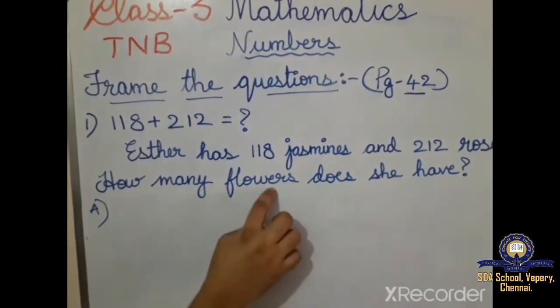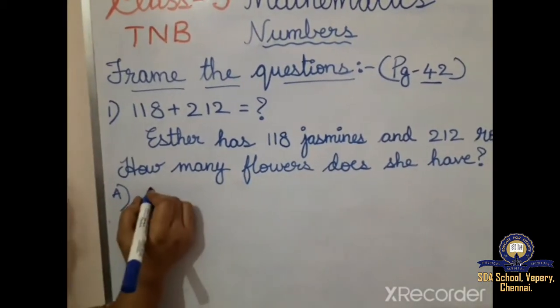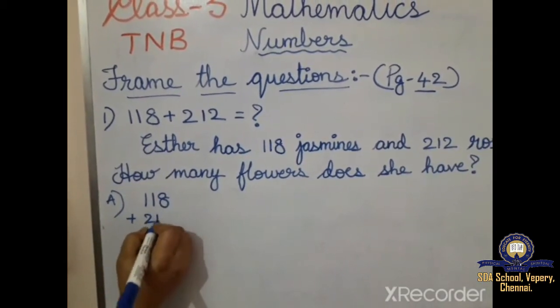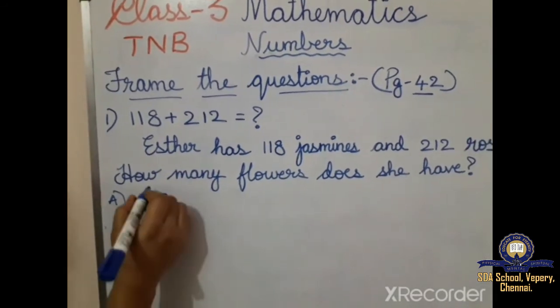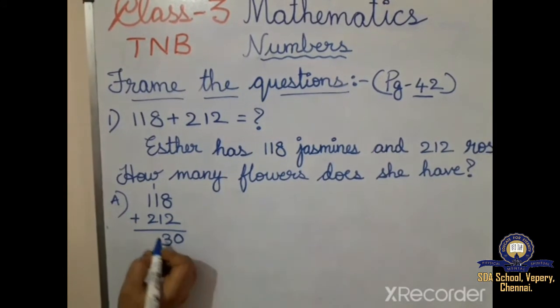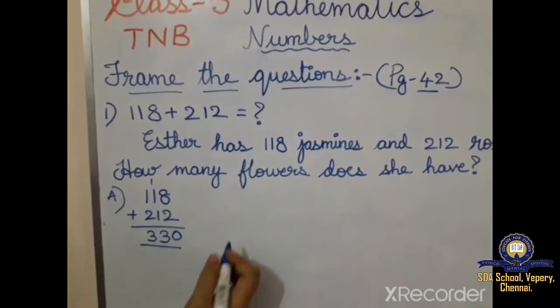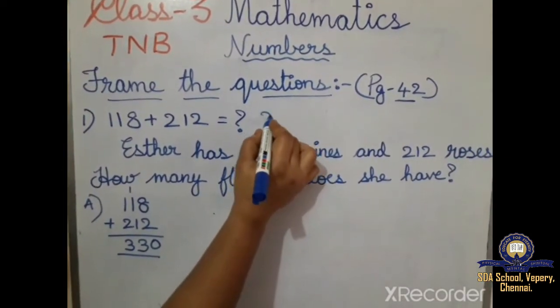How many flowers does she have? 118 plus 212: 8 plus 2 is 10, 1 plus 1 plus 1 is 3, 1 plus 2 is 3. So the total number of flowers she has is 330.